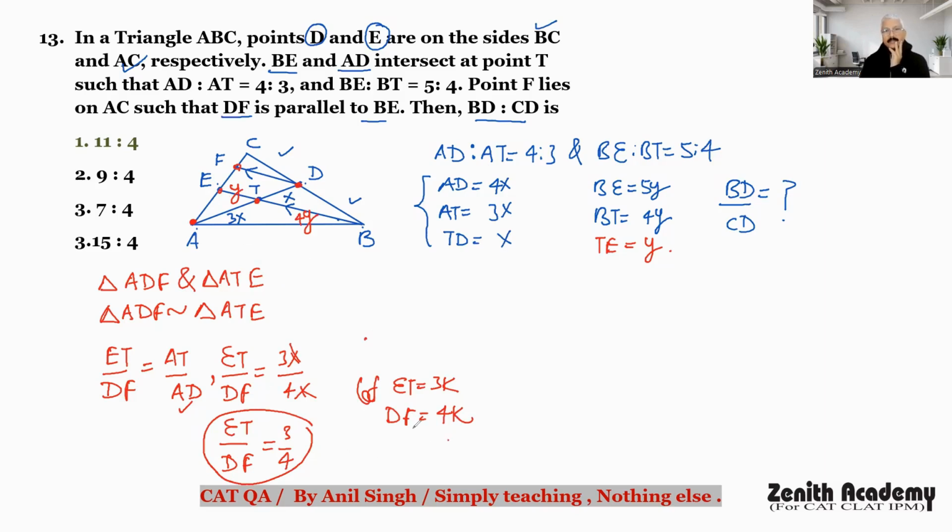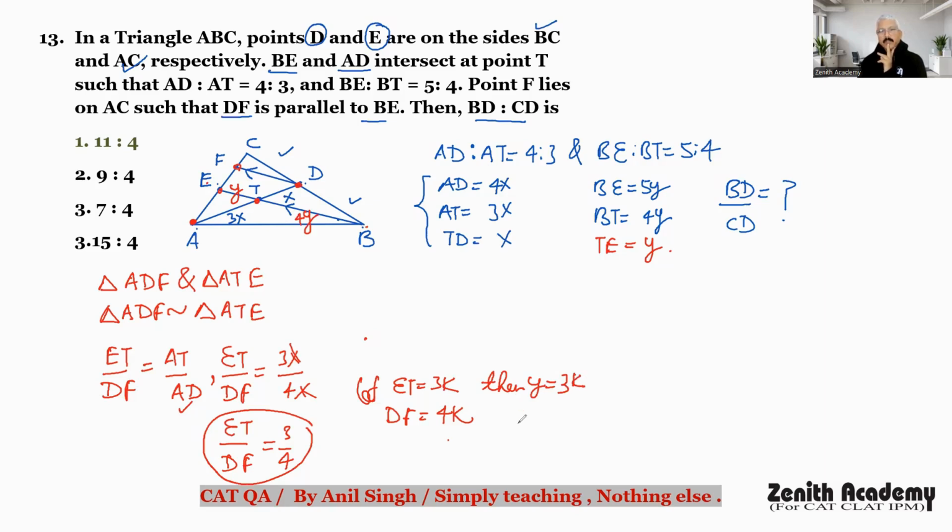And now ET is y and TB is 4y. Okay. If I take y equal to 3k, then y is 3k.